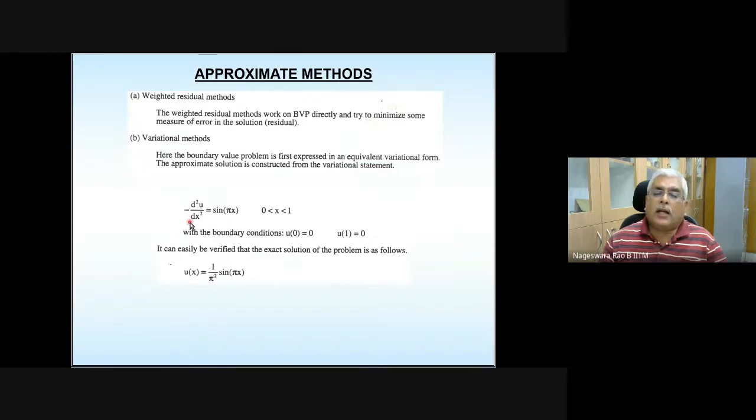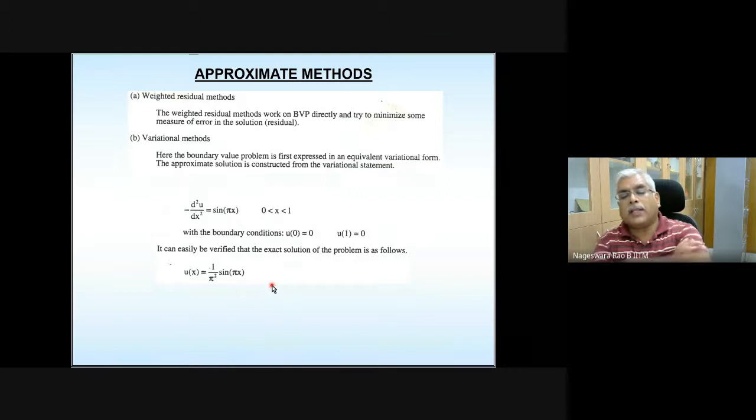Now let's look at this equation, and you got the exact solution for this. Once you integrate twice and substitute these boundary conditions, determining the integration constants, you get this exact solution. And what do you mean by exact solution?